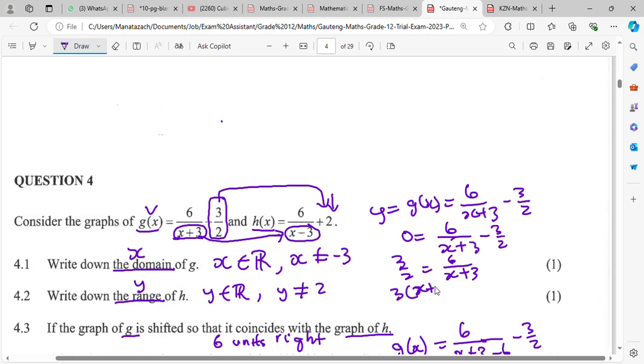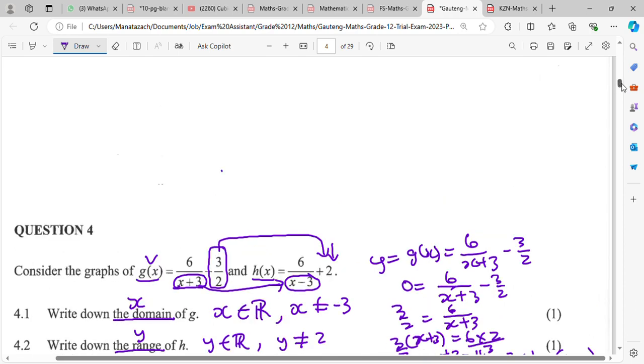X plus 3 will come this side, and then 6 and 2 will come over this side. And then you can divide by 3 again on both sides, so that you have x plus 3 is equal to 4, right? And then taking 3 to the right hand side, we'll have x is equal to 4 minus 3, which means x is 1. So the x-intercept would be 1 and 0.